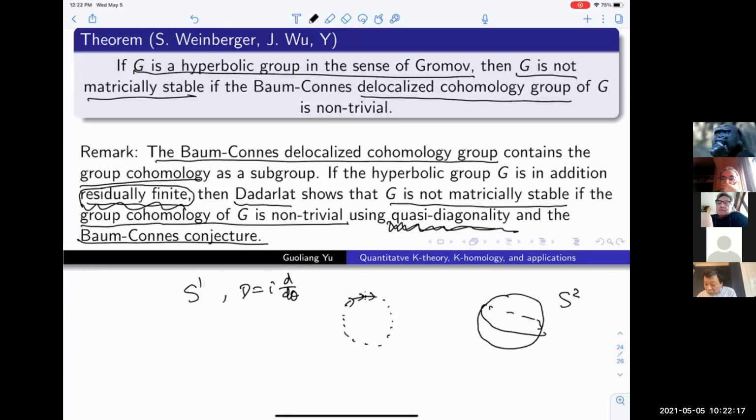Okay. So see, for example, for the case of the circle, if you just take finitely many functions, you can always discretize in such a way that it almost commutes with the multiplication. And so the pairing of this K-homology element with K theory is also very easy.